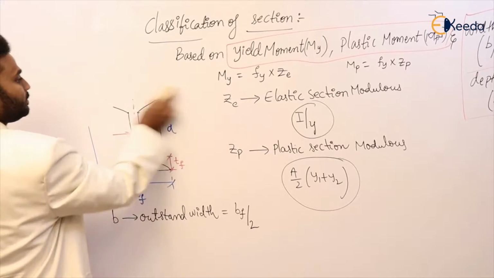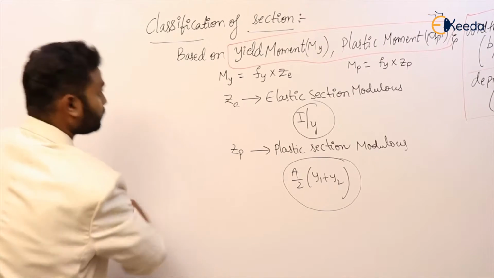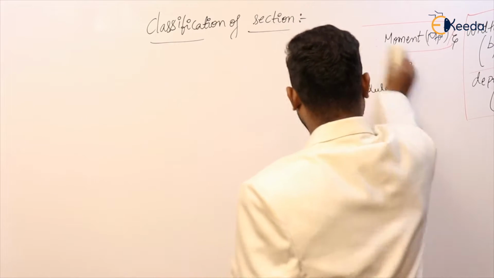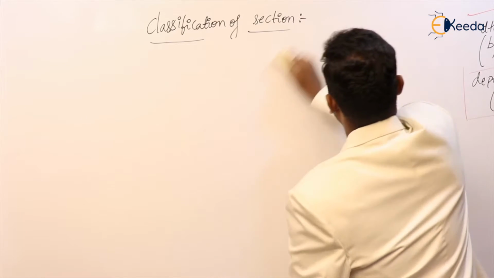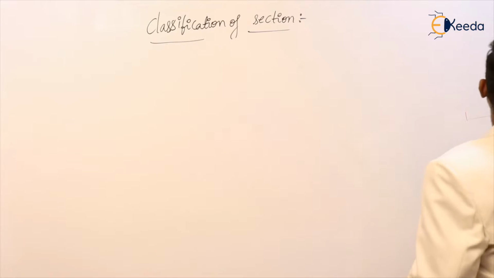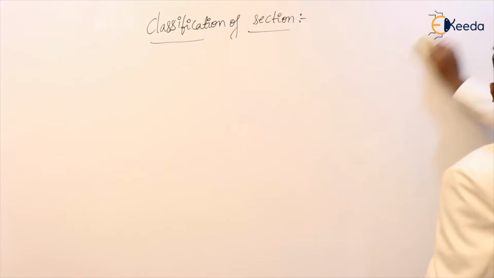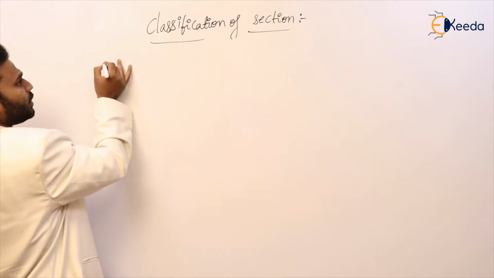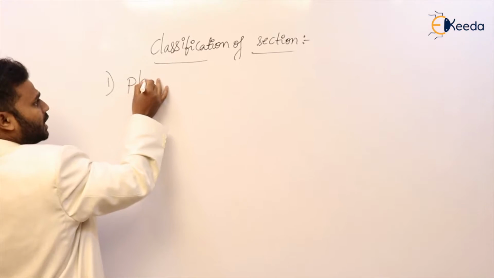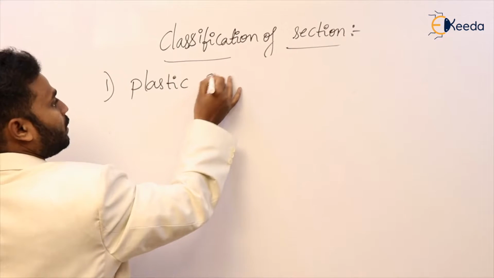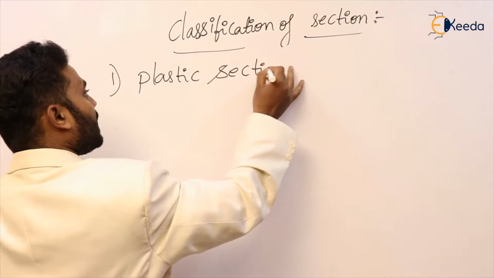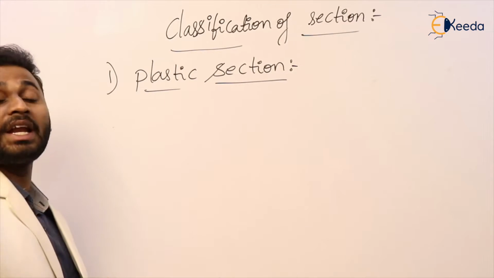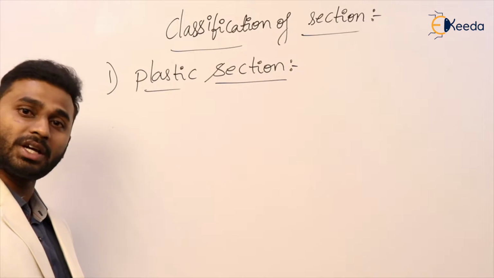So I'm going to rub this everything. So first, we are going to classify beam section as a plastic section. First I'll give you the definition, later I'll explain on the curve. So when is a particular cross section called a plastic section? Let us see.